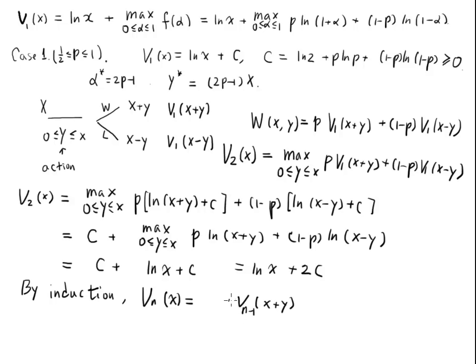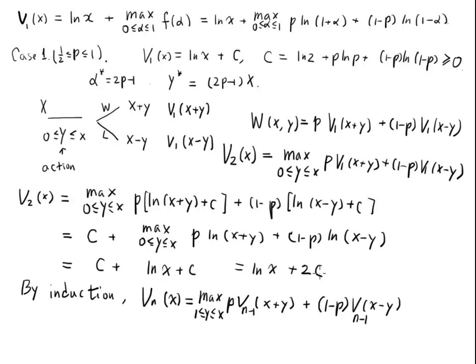But that's when we win, right? And if we don't win, then we have x minus y left, but we still have n minus 1 games to play. And the probability to lose, we know it's 1 minus p. So this is again a very similar setup. So we have y less than or equal to x and greater than or equal to 1.